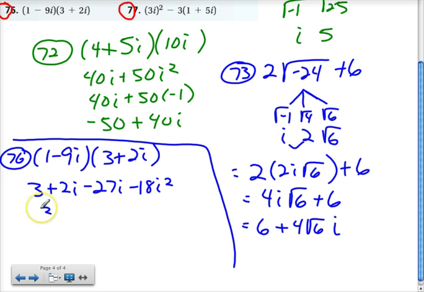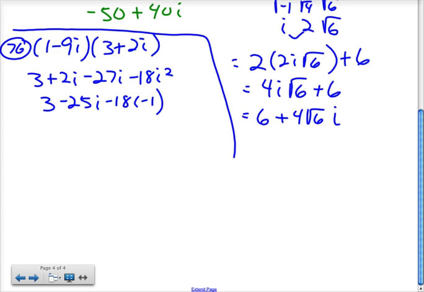So we would have 3, and then 2i minus 27i would be a negative 25i, and negative 18 times i squared is negative 1. So we're really looking at 3 and 18 because a negative and a negative will produce a positive, so this will be 21 minus 25i, and that is a complex number in standard form.